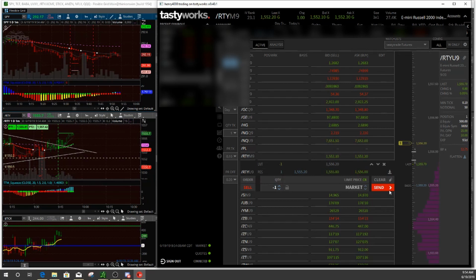A little bit farther. Come on, you can do it. You can see we hit the profit target there on the script.